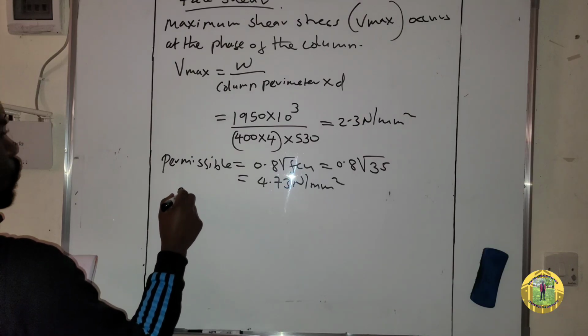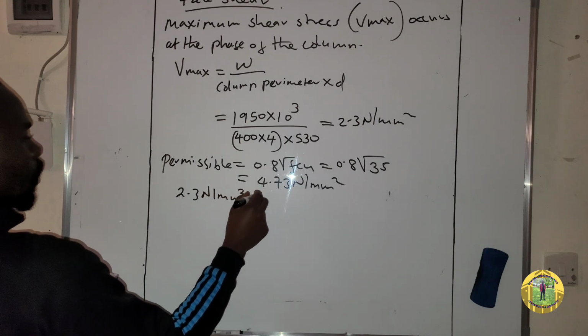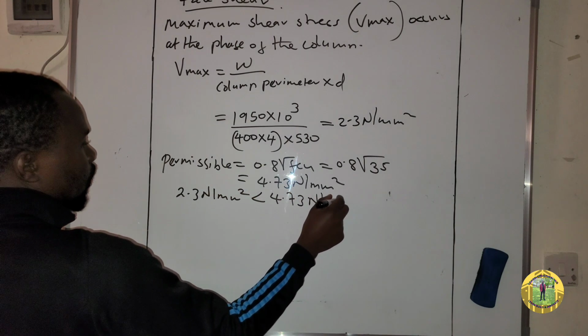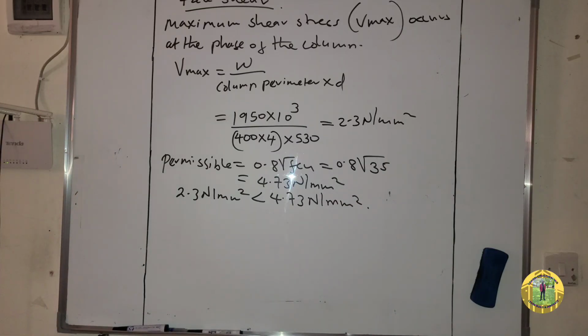Therefore, 2.3 Newton per millimeter square is less than 4.73 Newton per millimeter square. So no reinforcement needed. We proceed to transverse shear, which is the last one.